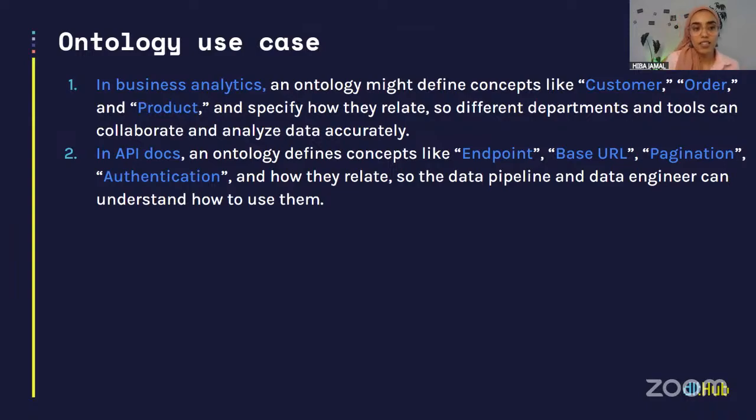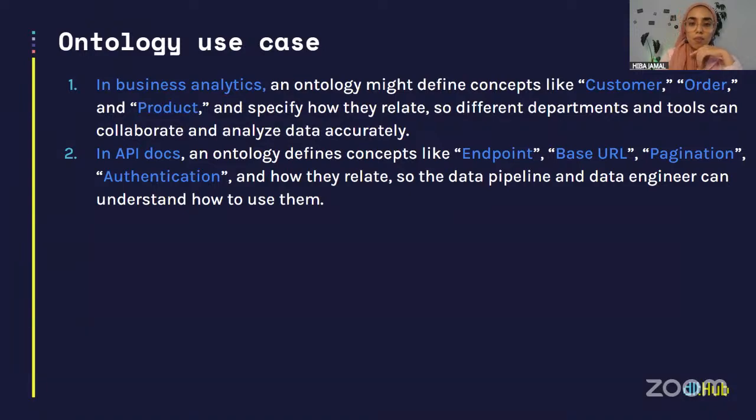And just like that, in API docs, an ontology defines different concepts like endpoint, base URL, like api.pokemon or pokemon.com/API, whatever the base URL for different sources is, or pagination, authentication, etc. So ontology helps understand those different things.